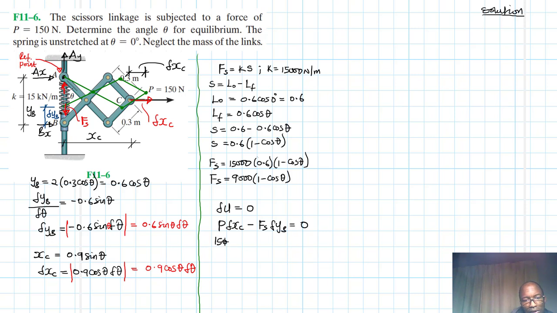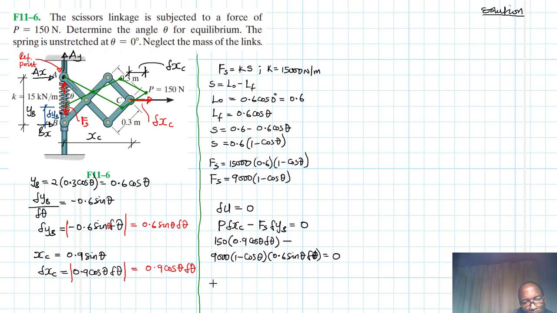Our P is 150, our del xc is 0.9 cos theta del theta, minus our Fs, 9,001 minus cos theta, by del yb. Our del yb is 0.6 sine theta del theta, equal to 0.